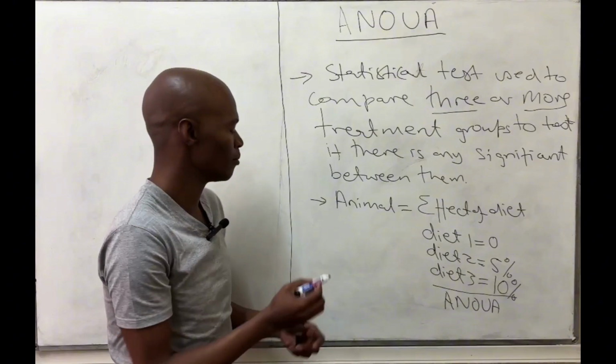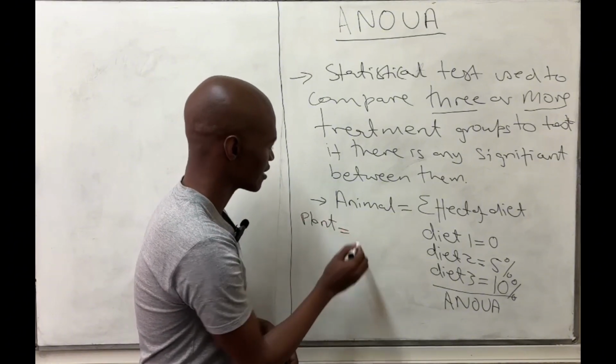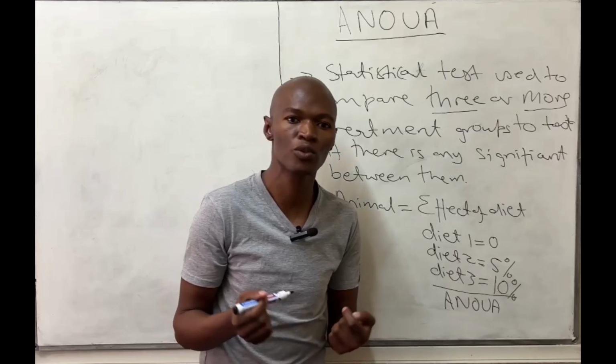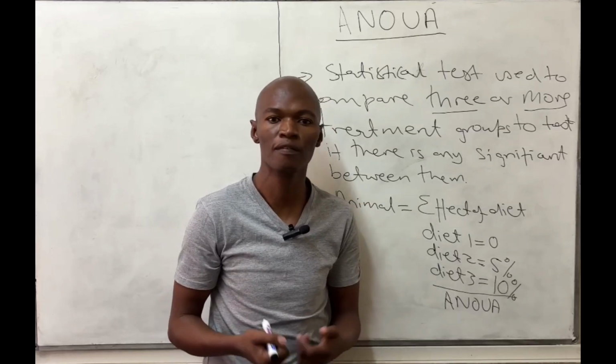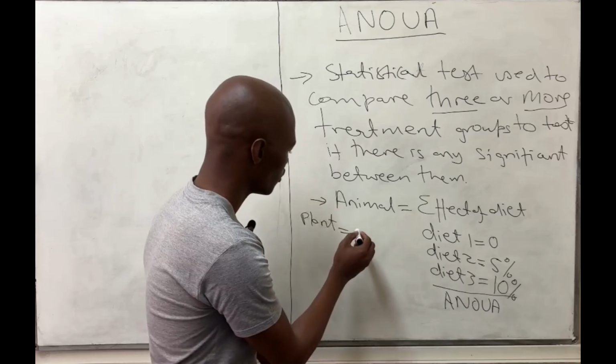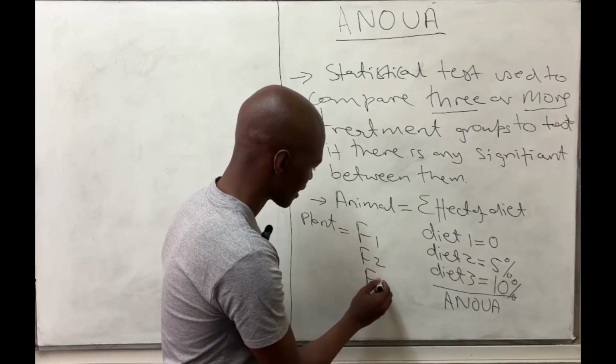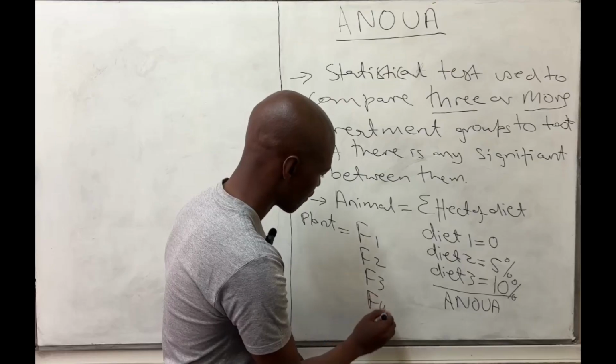It can be the example of plant sciences. In plant sciences, maybe your interest is to investigate the effect of fertilizer on the growth performance of the plant. So those fertilizers, you have fertilizer 1, fertilizer 2, fertilizer 3, fertilizer 4.